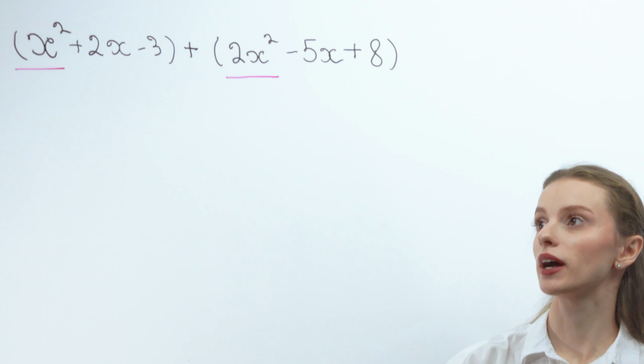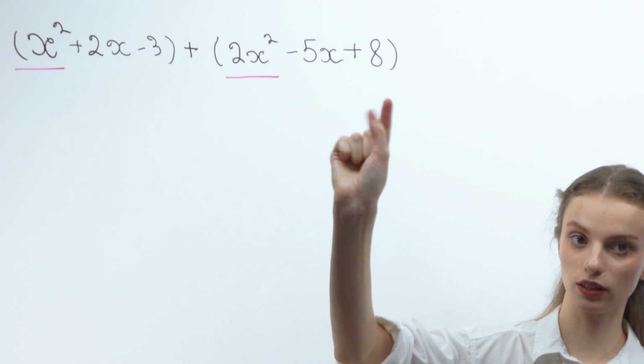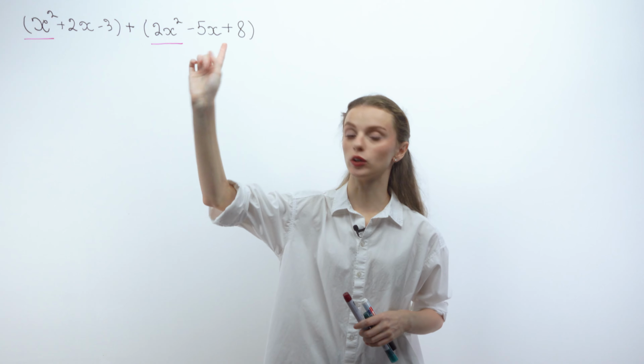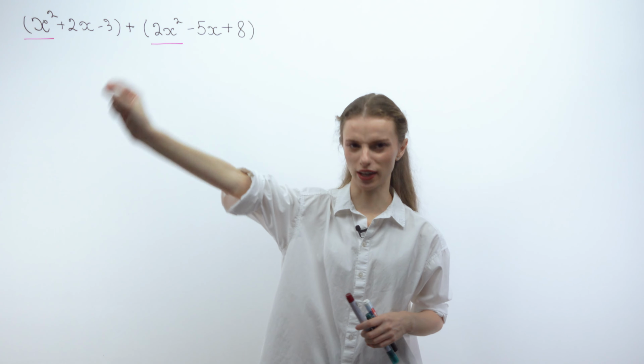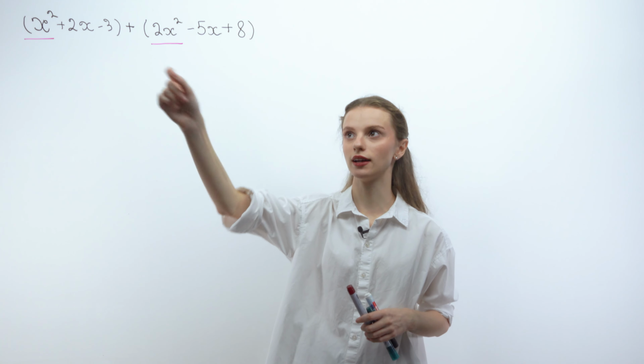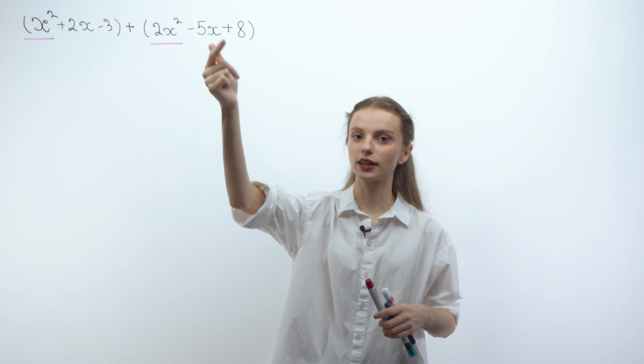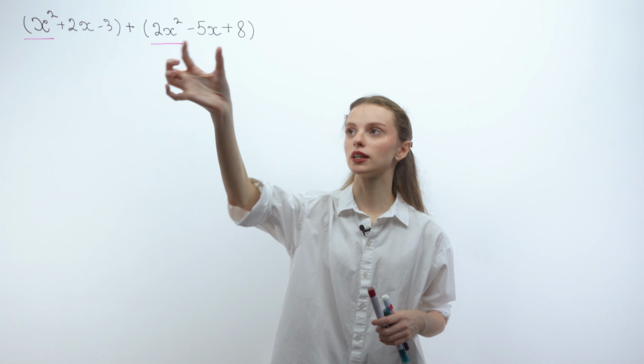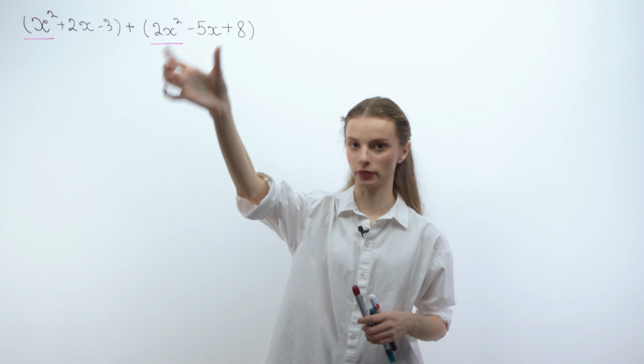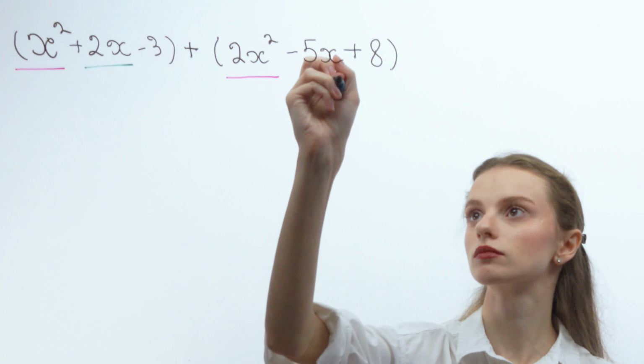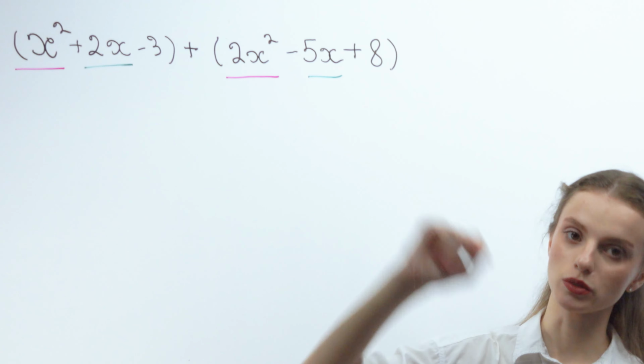I'm also going to combine 2x with negative 5x. Listen, we're only going to combine x's with the same power. I cannot combine 2x squared and minus 5x because the x's are not to the same power, okay? And negative 3 goes with 8.